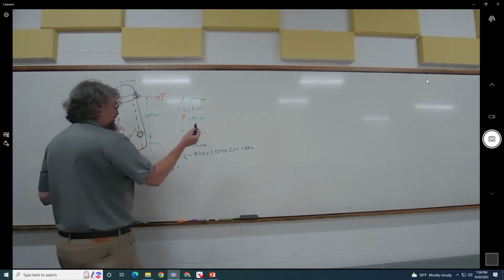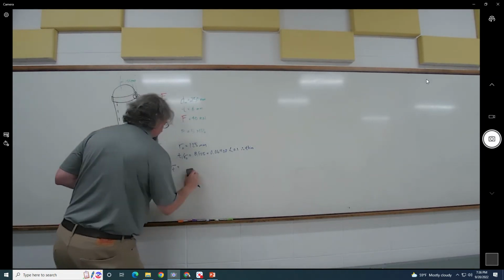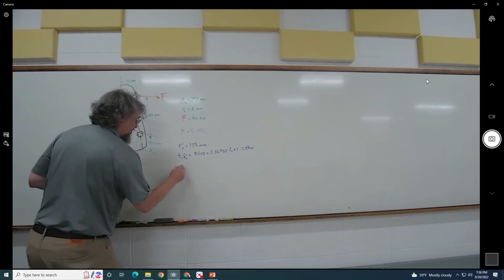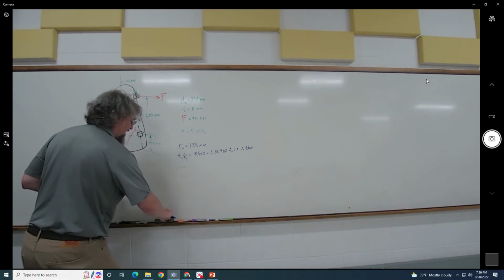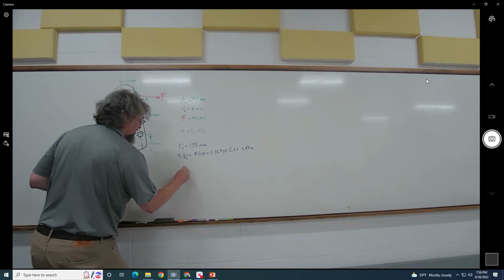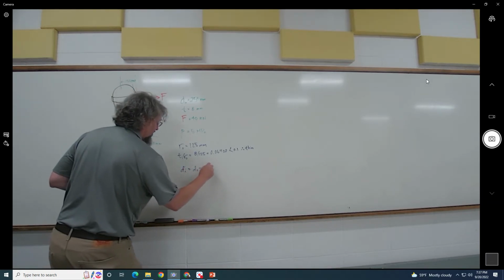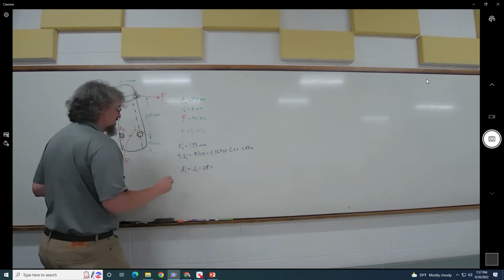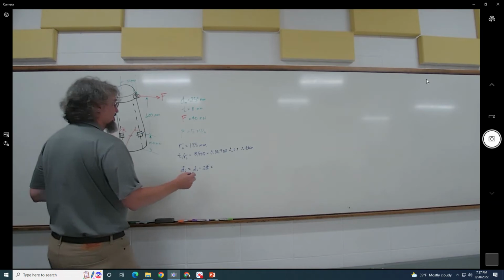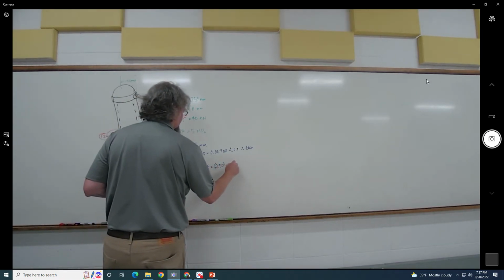Okay, so if we're going to use our equations correctly for Shigley, he likes to use the inside diameter. So the outside diameter, 250, minus 2 times the thickness, 8.